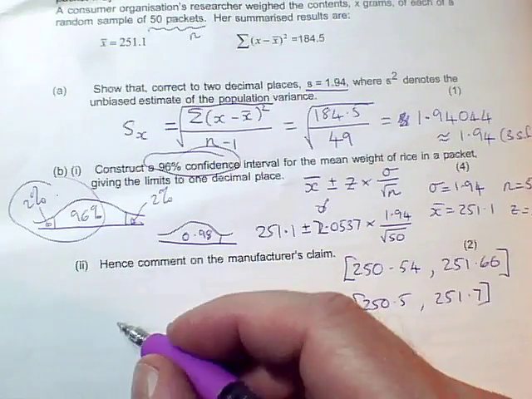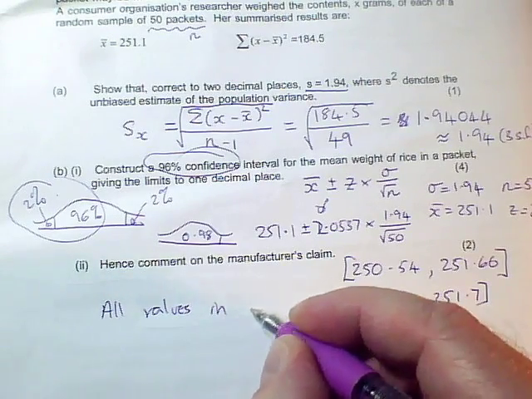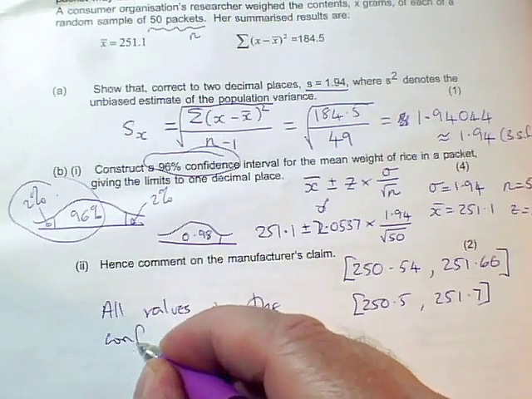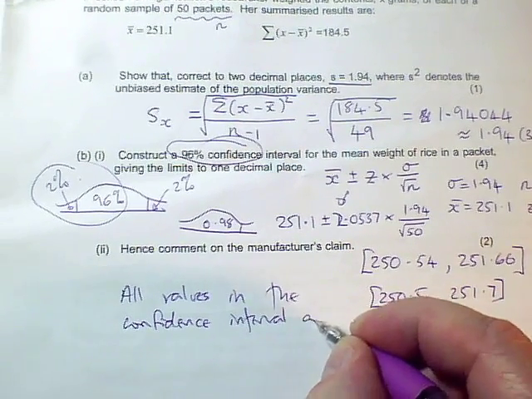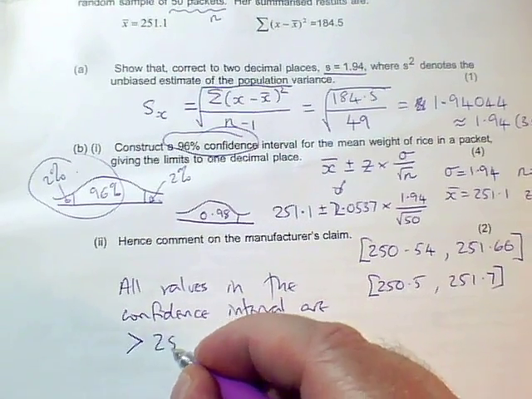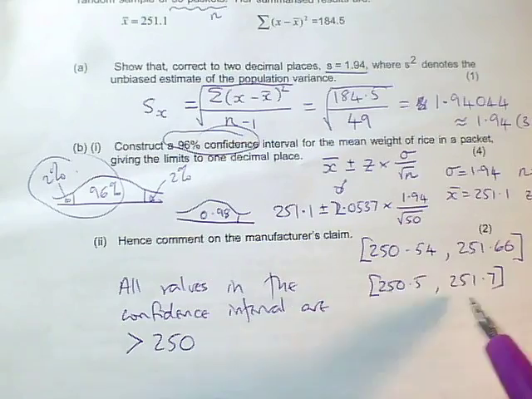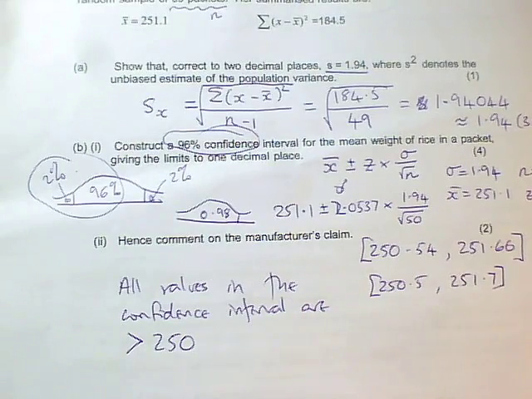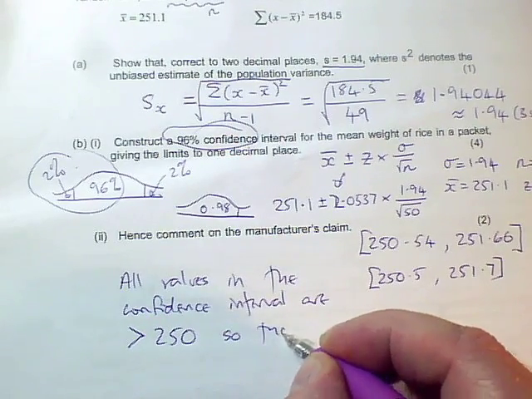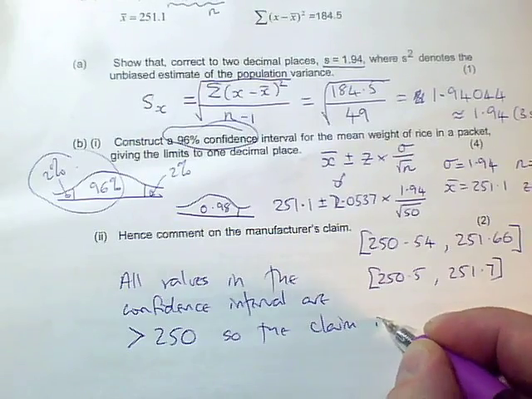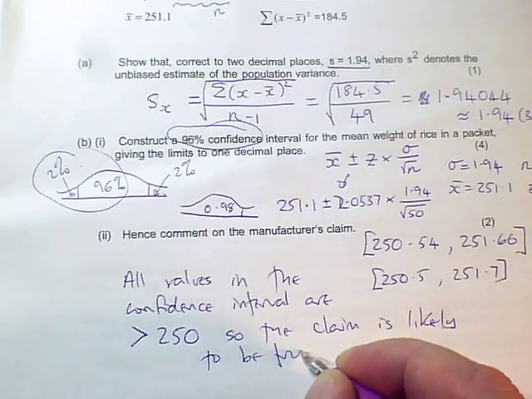So I'm going to say all values in the confidence interval are greater than 250. So I can't be completely sure, but if I'm 96% confident the mean's in here, and all of those values make the manufacturer's claim true, I think I can say the claim is likely to be true. And I'm done.